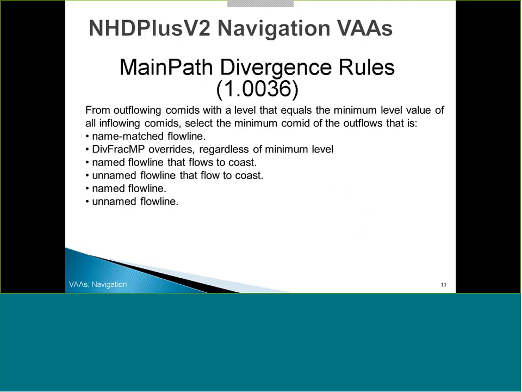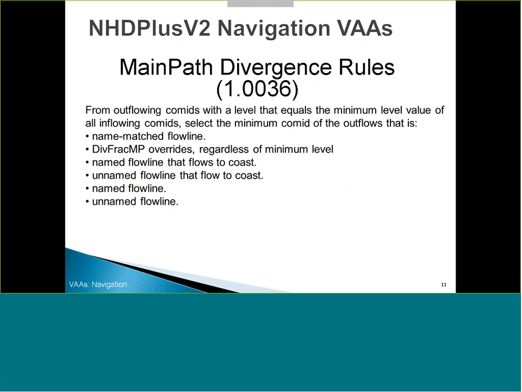These are the main path divergence rules, and they're somewhat arbitrary other than name. It too follows the name. And we want, when you're going upstream using stream level, we want you to be following the same path that you follow downstream using divergence. So divergence and stream level are in sync with each other.